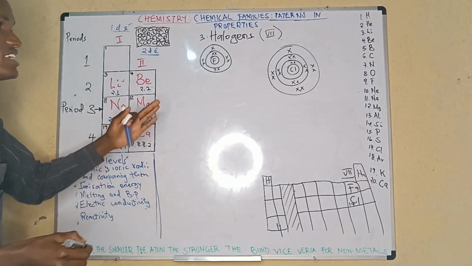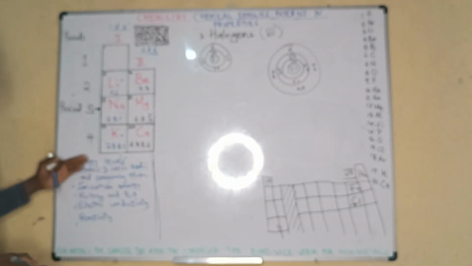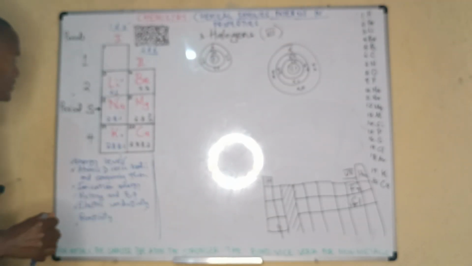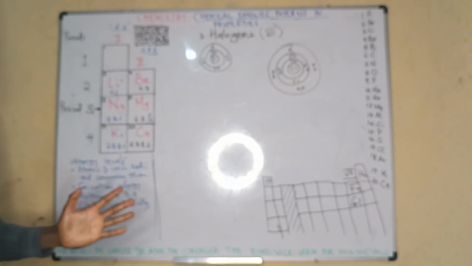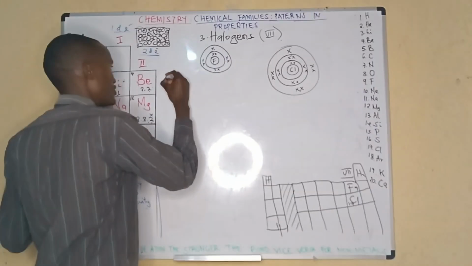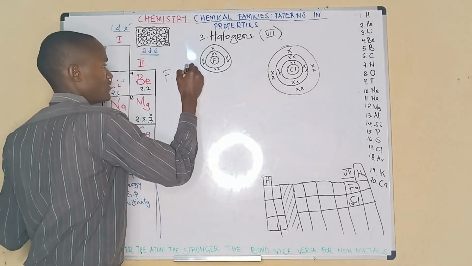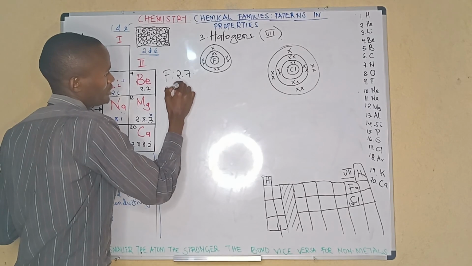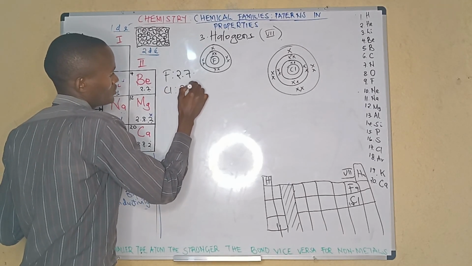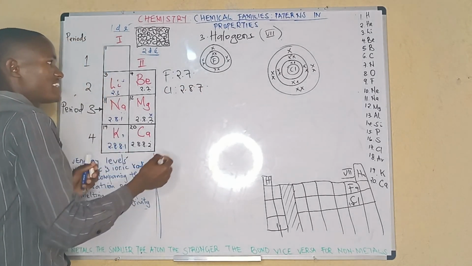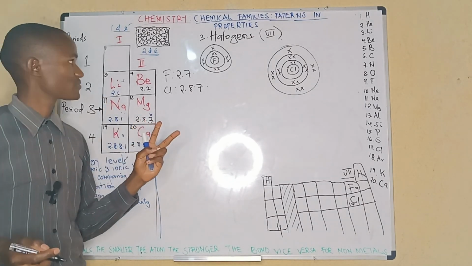And now since we have the atoms, we can now start discussing these properties. And the first property is the number of energy levels. We have talked of fluorine 2, 7, and we have talked of chlorine 2, 8, 7. Fluorine has 2 energy levels.